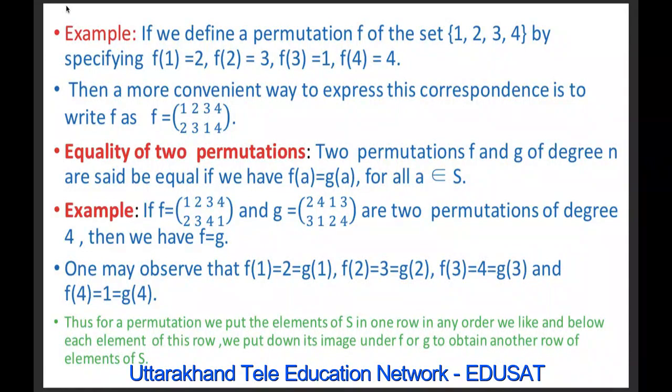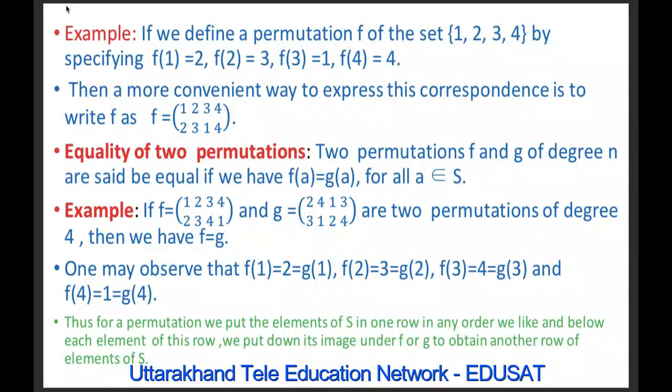So F(2) is equal to G(2). Similarly, the image of 3 under F is 4, and the element in G below 3 is also 4. So F(3) is equal to G(3). Similarly, the image of 4 under F is 1, and the image of 4 in G is also 1.